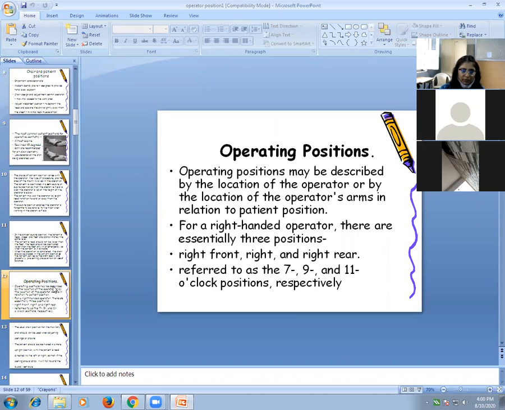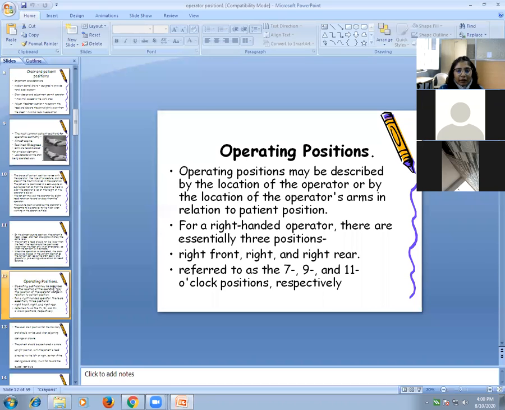Then this was about the patient position. Then coming to the operating positions now. Operating positions may be described by the location of the operator or by the location of the patient's arm in relation to the patient position. Now please carefully listen to this, or you can also start reading from the screen.